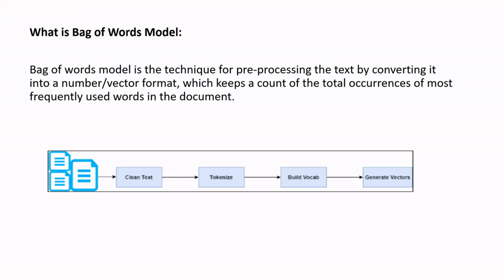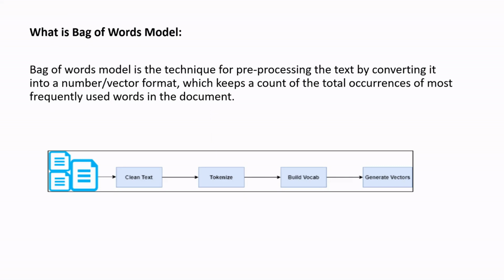In other words, it can be explained as a method to extract features from text documents and use these features for training machine learning algorithms. It also tends to create a vocabulary of all the unique words occurring in the training set of documents.